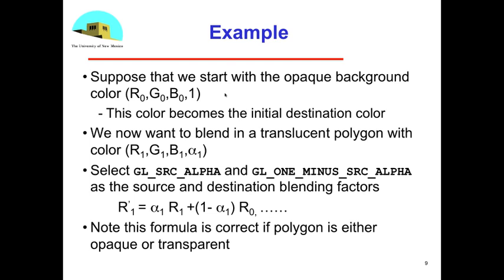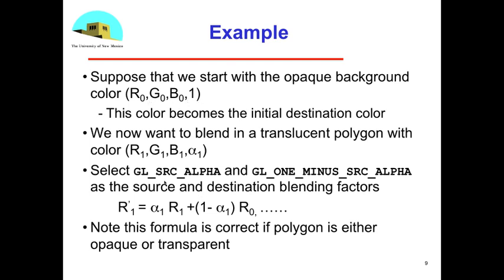Now, suppose along comes a polygon where we've assigned those pixels to have R1, G1, B1 as their colors, and some value alpha 1. Now, if you look at what we want to do, we want to combine this with what's already there in the background, R0, G0, B0, 1.